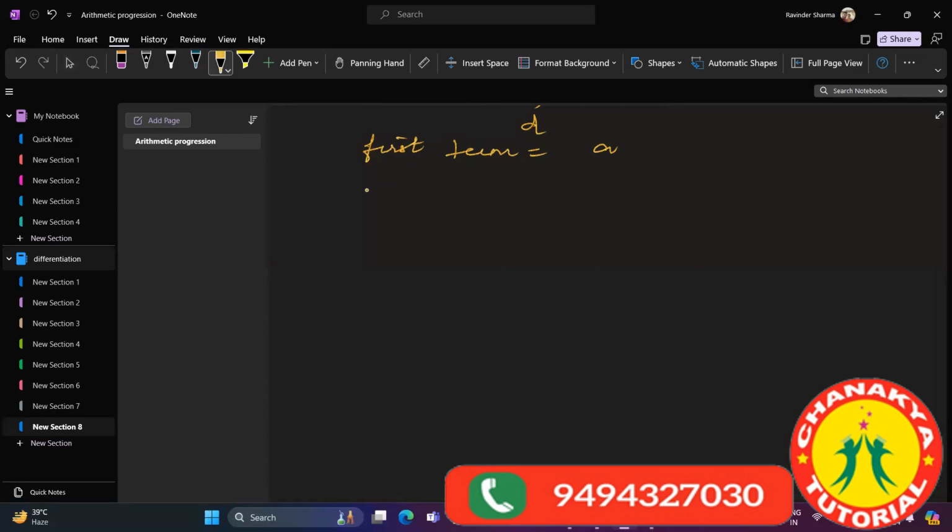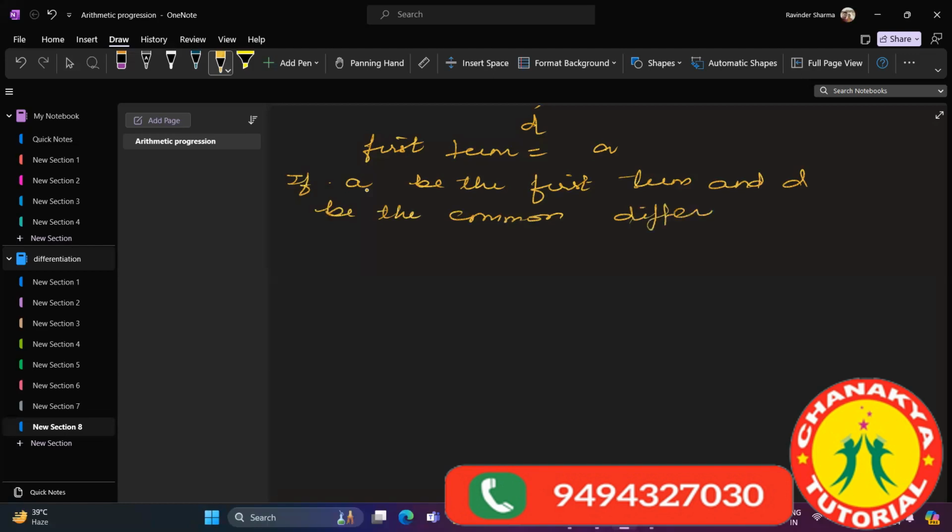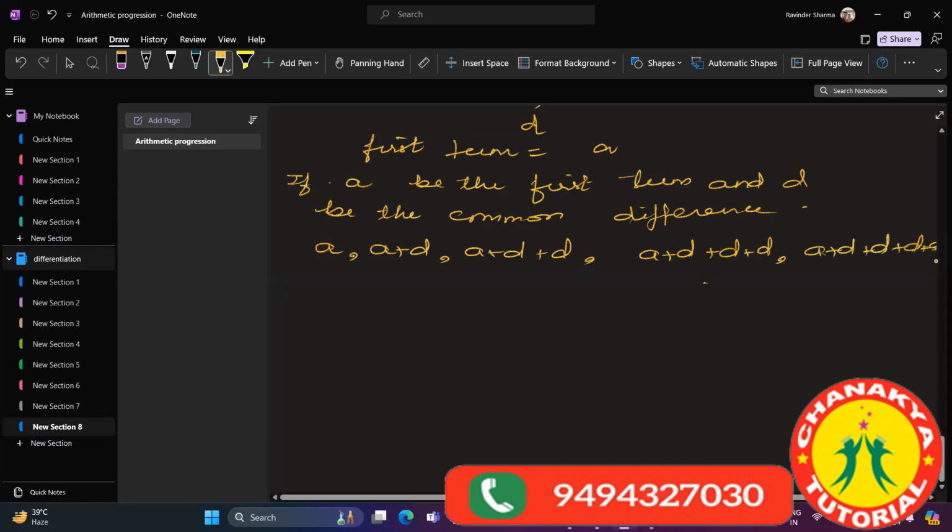Now see, if A is the first term and small d is the common difference, then your AP will be A, A plus d, A plus d plus d, A plus d plus d plus d, and so on.